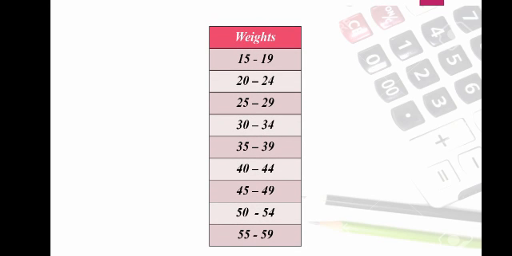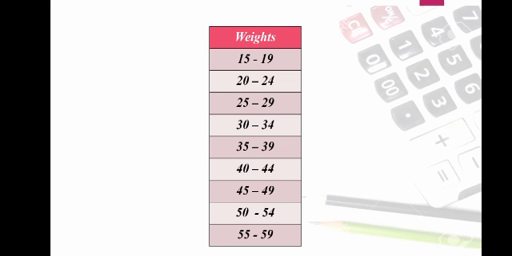So here, first of all, as you can see, the weights are given to you. In the question the classes were starting from 20 to 24, but for making the frequency polygon we need two classes. One is the preceding class of the first class, and the second is the successive class of the last class. For making the preceding class you have to check the interval between the classes.